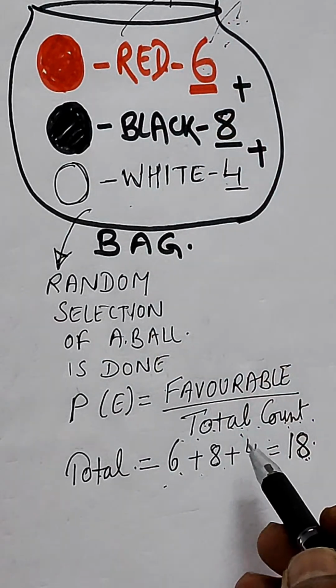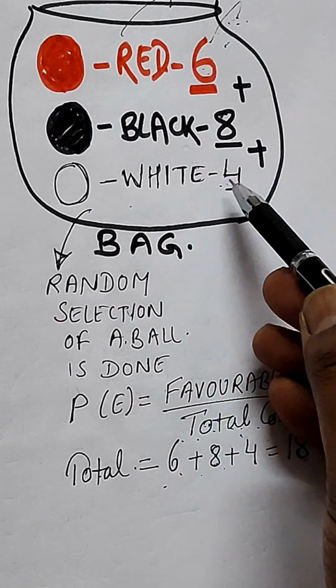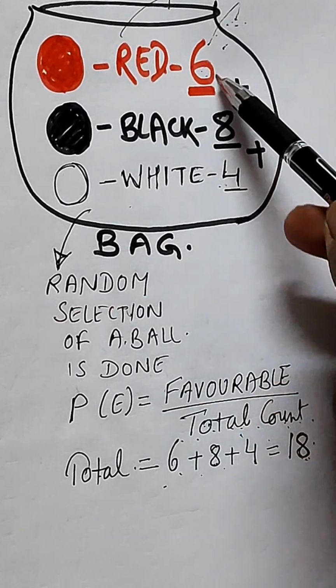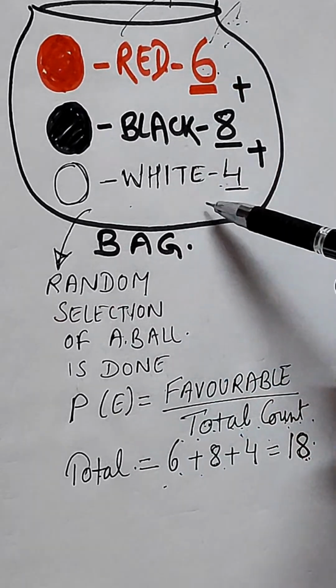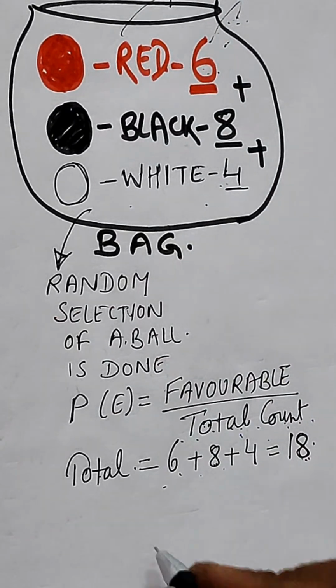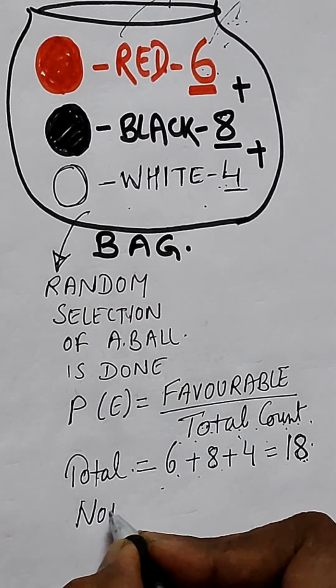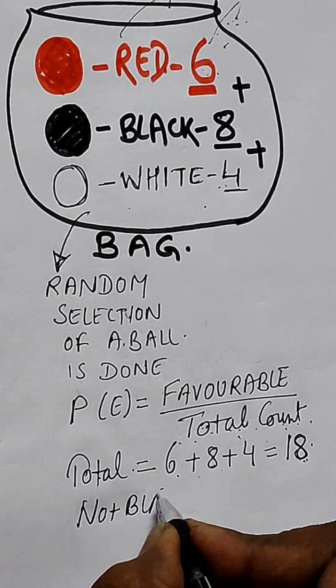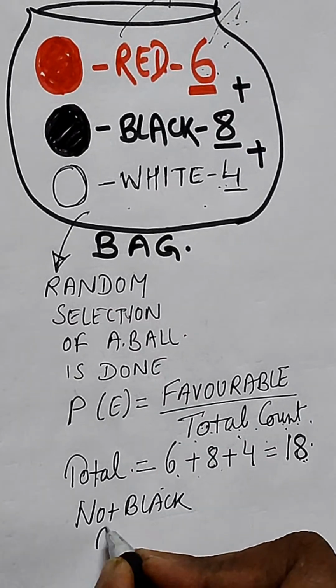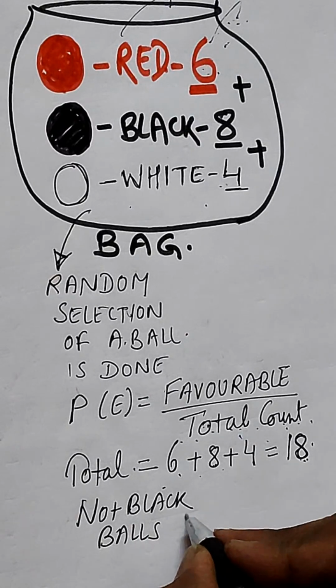non-black. So first find the number of balls which are non-black. The non-black balls are red, and it can be white also, right? So what are those balls?